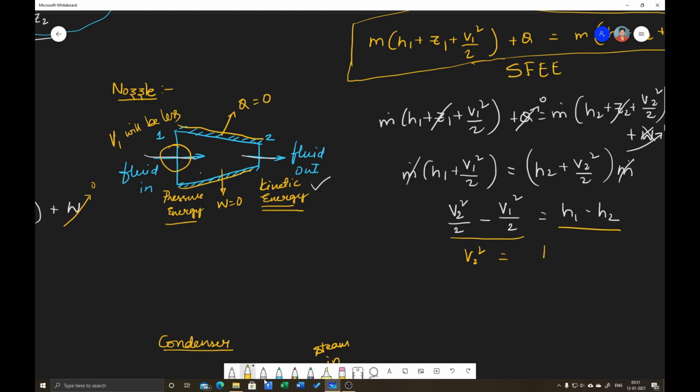Further simplifying, v2 square is equal to 2 into h1 minus h2, plus v1 square. So v2 is equal to the square root of 2 into h1 minus h2 plus v1 square.